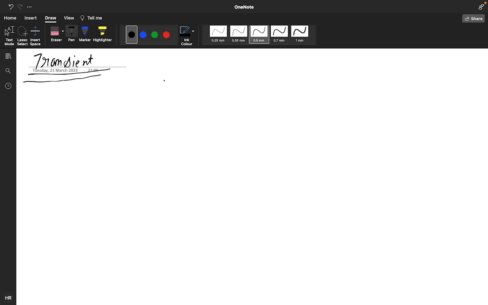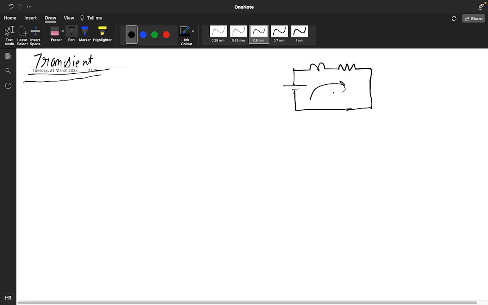So basically, in a DC network, suppose we have a particular DC network, and there is an element like R, L, this kind of a network. I'm just assuming this kind of a network is there. Due to this inductor there will be some transient for a few seconds.